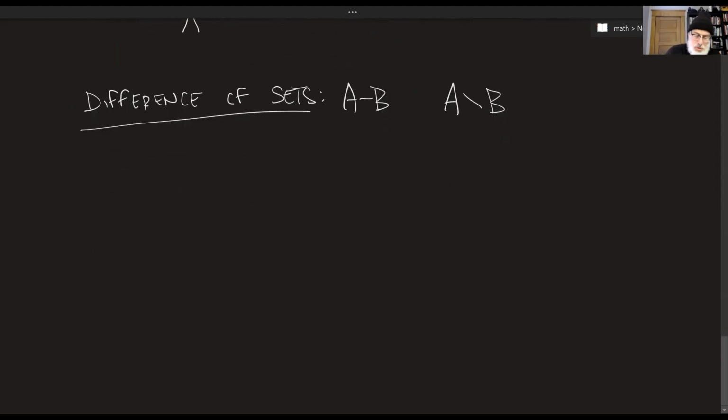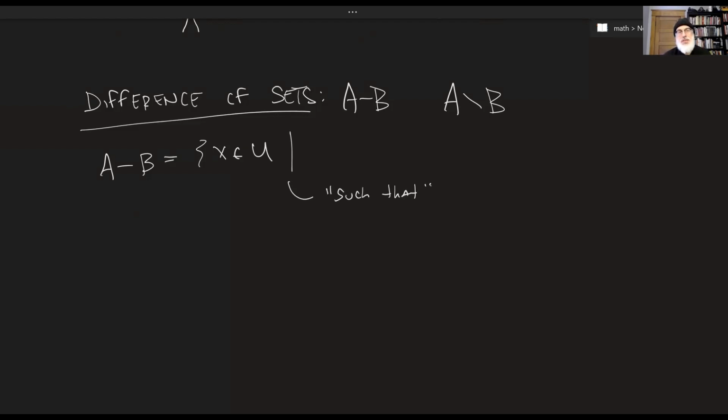And the definition is simply that A not B, or A without B, is all the elements in the universe such that, this vertical line means "such that" if you're not familiar. We block out the set builder by saying we're going to collect all the elements such that, and then have our rule or our definition.